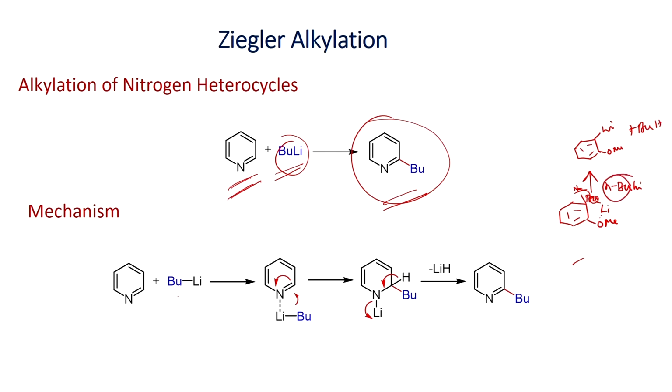Here it acts as a base, but here, as we have seen, the lone pair of nitrogen makes chelation with this electropositive element lithium. You will be able to have this intermediate.